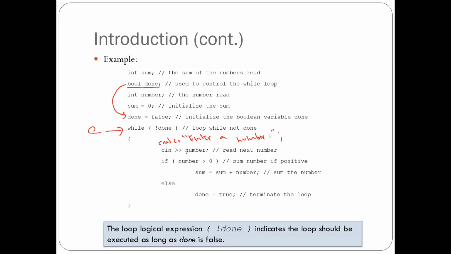Next, cin number. If number more than 0, remember this process: it is to find the positive number.